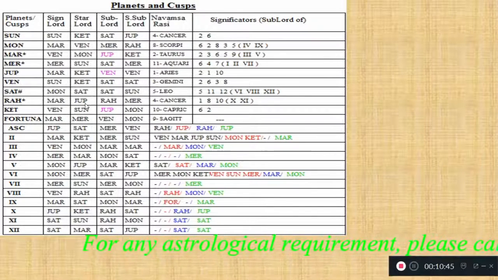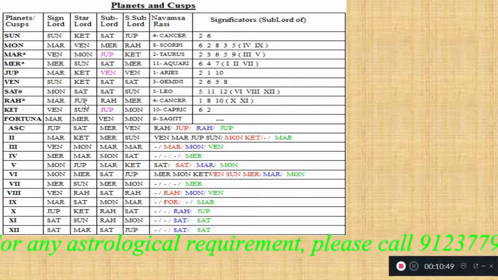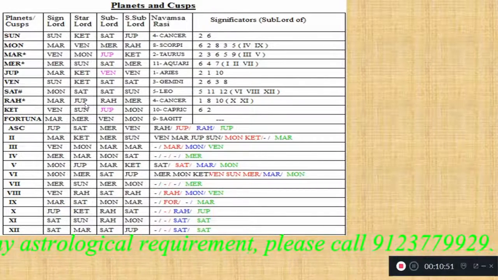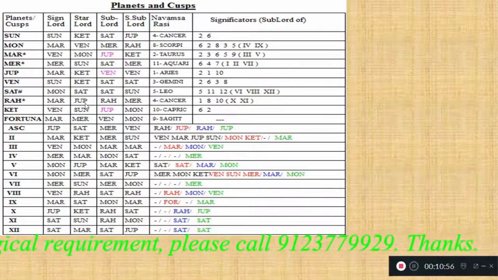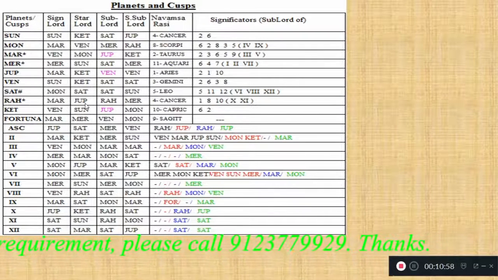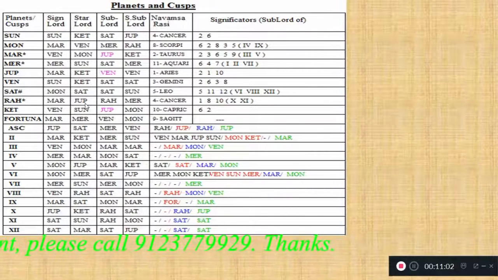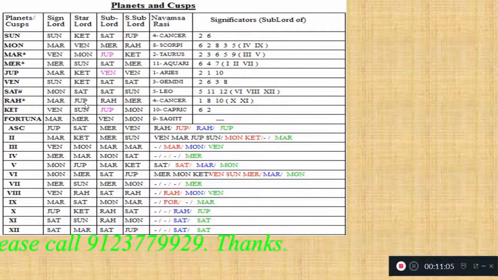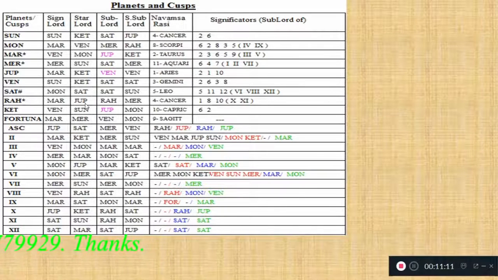So the native will get the result of second, sixth, and 11th house more strongly in the Jupiter Mahadasha, because second and sixth house are signified most strongly, and we can see here that the co-rulers of 11th house are the influencing planets of Jupiter.